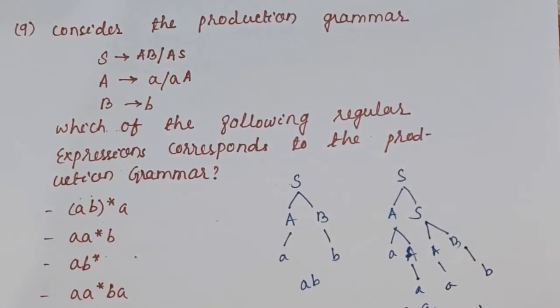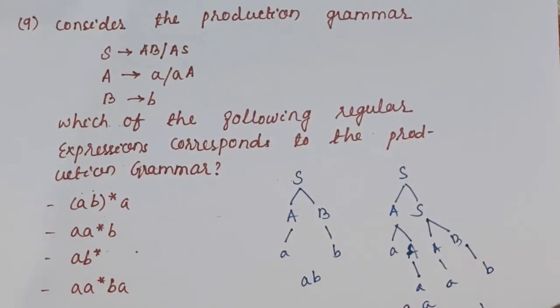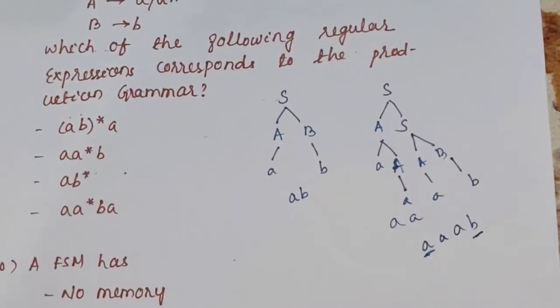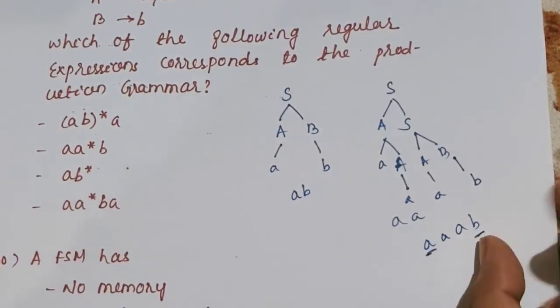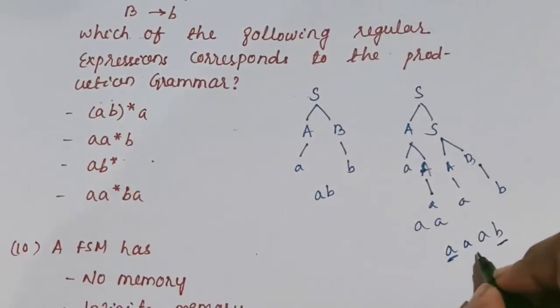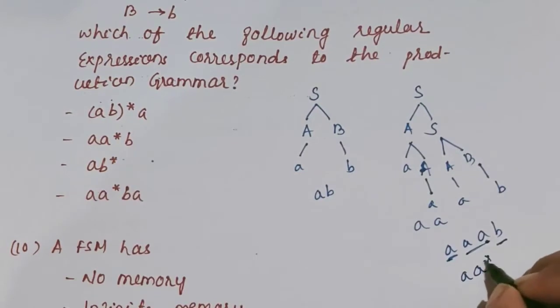So at least one a and one b we will get, and with this we will get any number of a's in between. So the answer will be a star b.